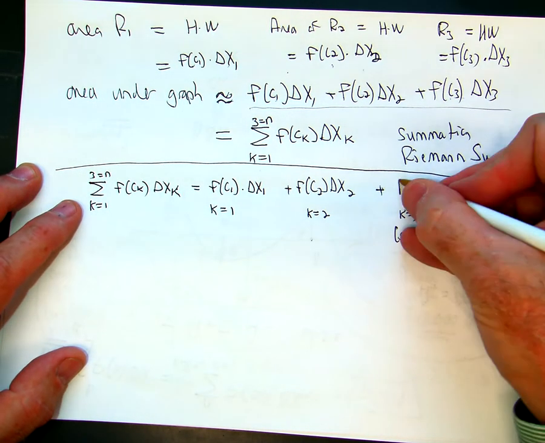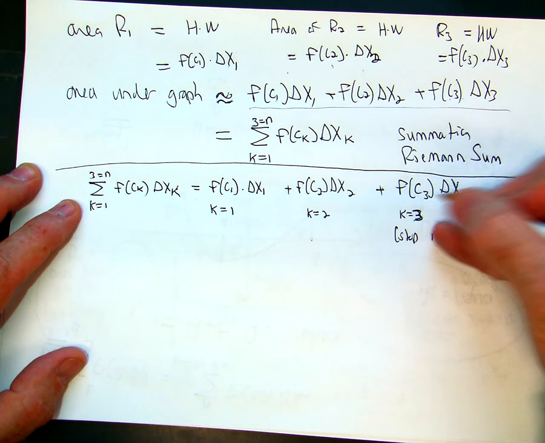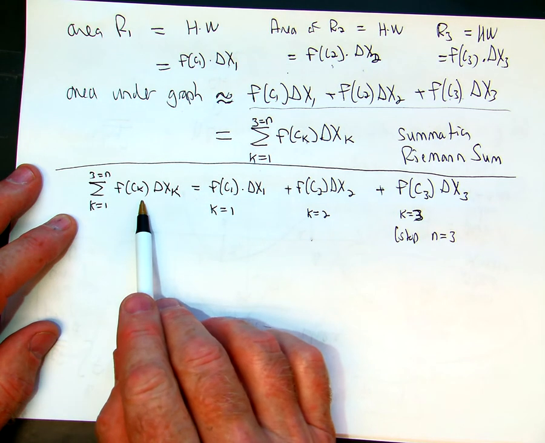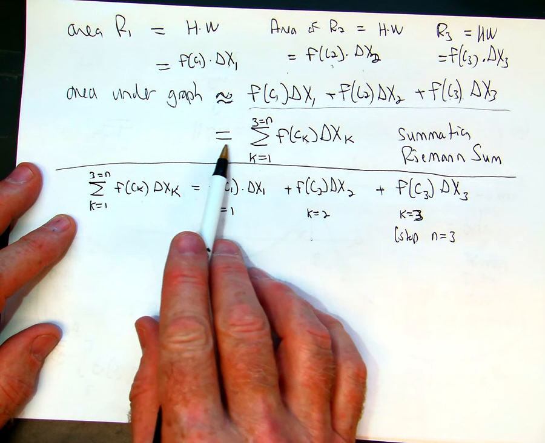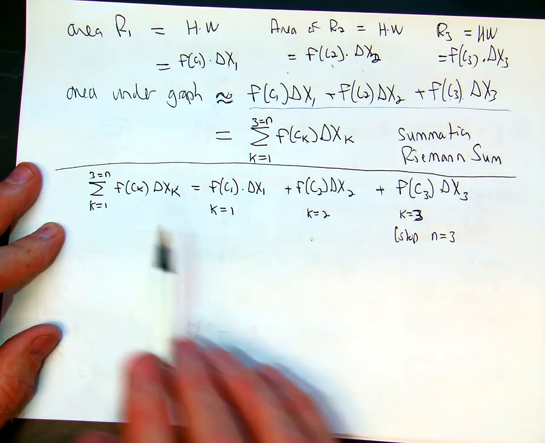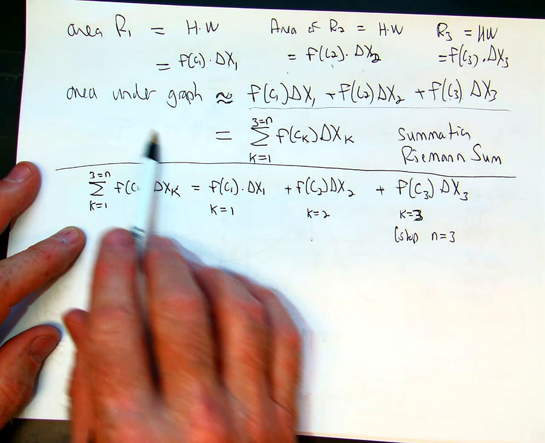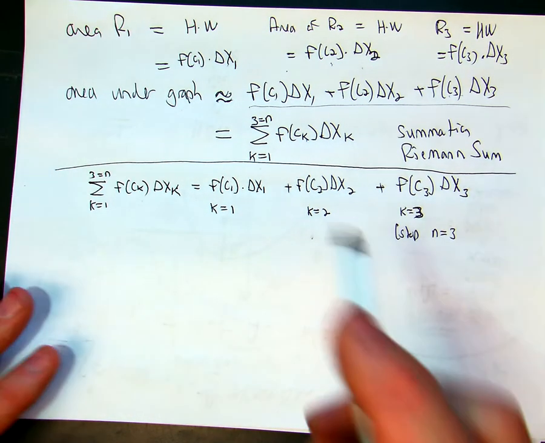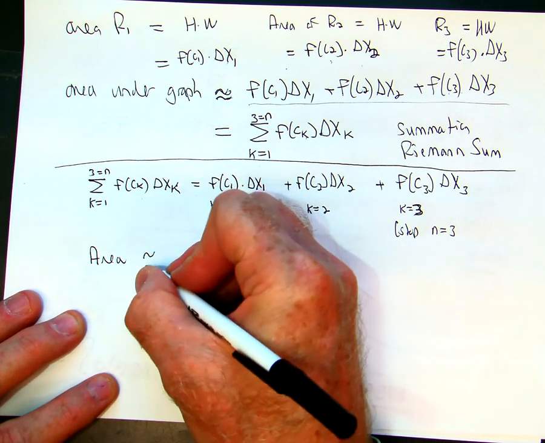I do the same thing: that's 3, and that's 3. So this is shorthand for this. The area under the graph is more or less equal to these 3 terms, and we abbreviate it by this summation. So my point is that the area is more or less equal to this sum.